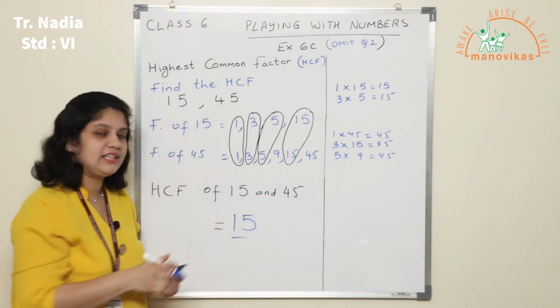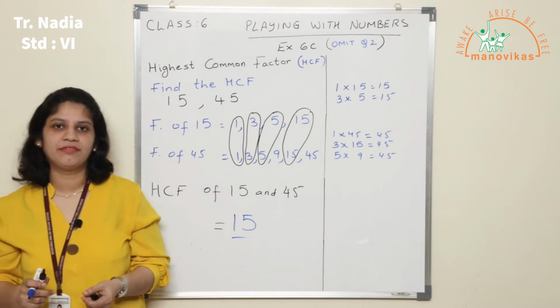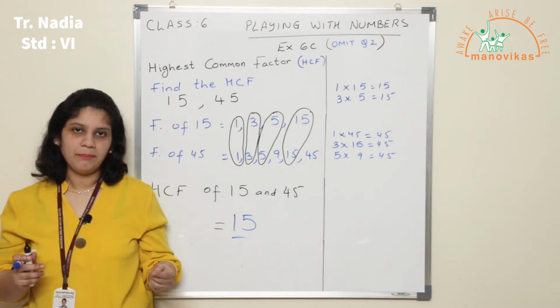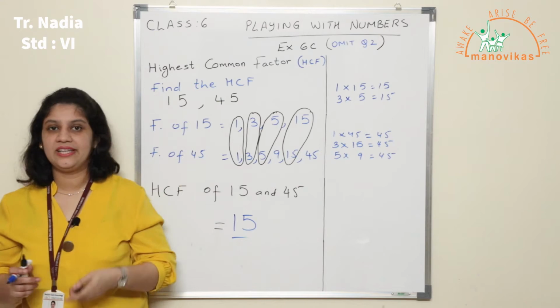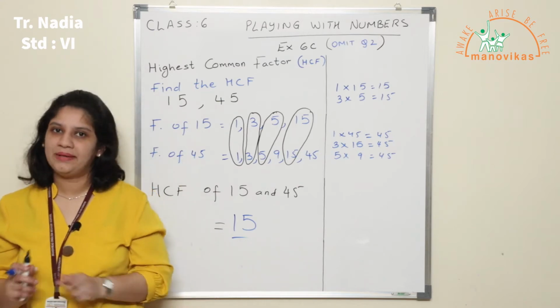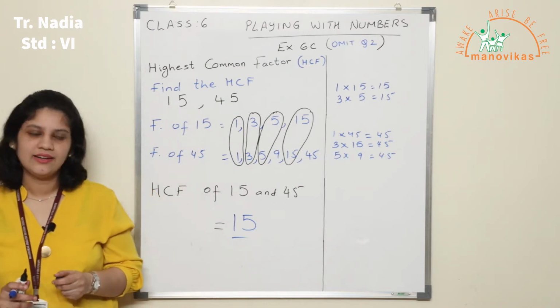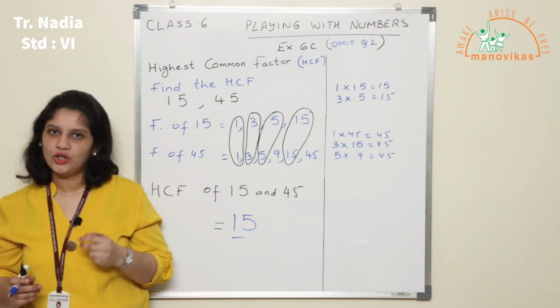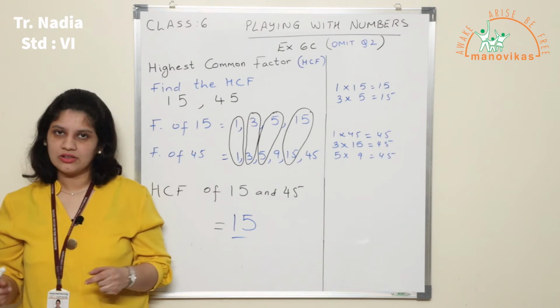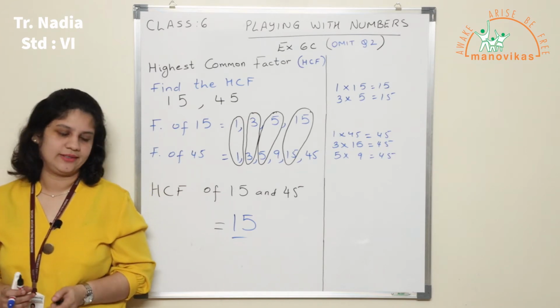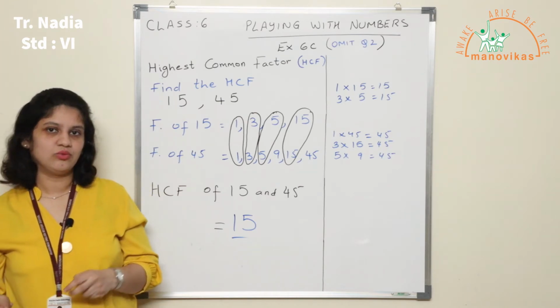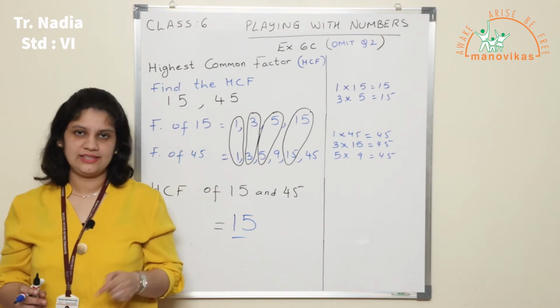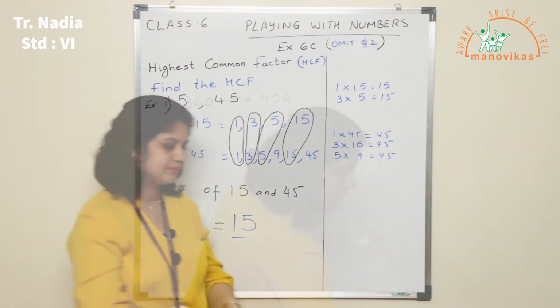It is the highest number which can divide both 15 as well as 45 completely without leaving any remainder. So this example was just to understand the concept of highest common factor. I hope you understood what the HCF of two numbers is.